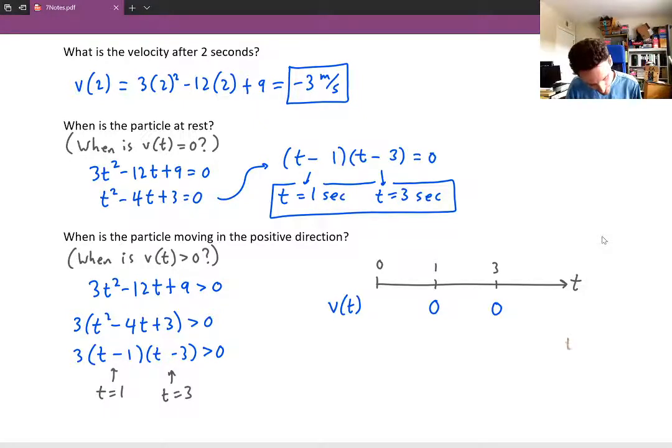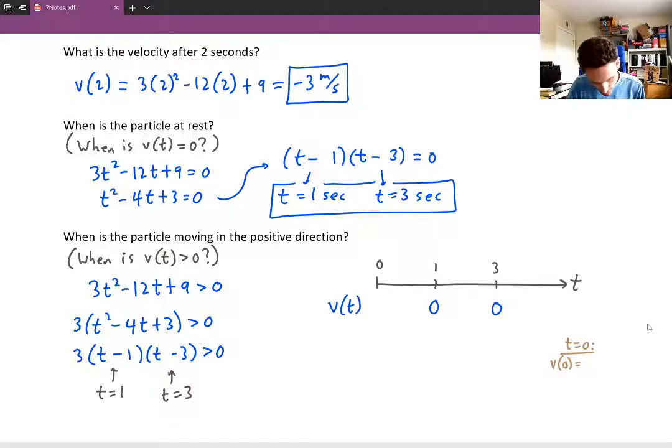I'm going to write when t equals 0, v of 0 is... I could go back to the original velocity function and plug these in, but what I'm going to do is make use of the fact that I have the velocity function factored here, and all I want to know is what the sign of velocity is.